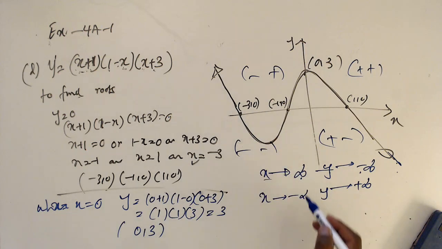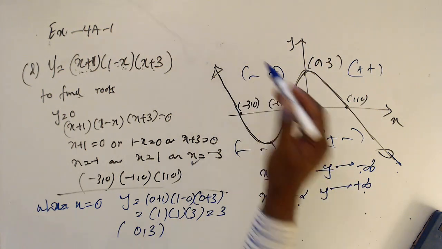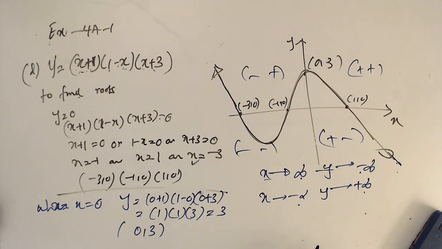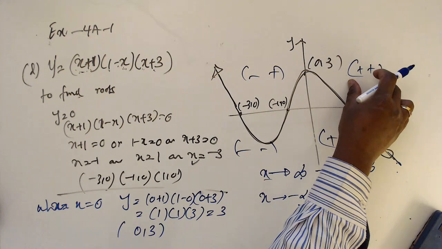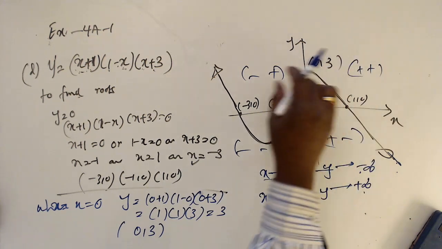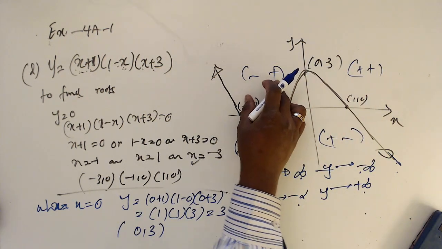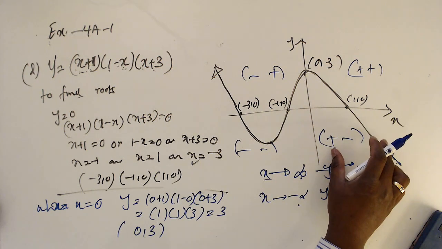X goes to minus and y goes to plus. Usually it goes from minus to minus, minus to positive, plus to plus, or negative to plus to negative.